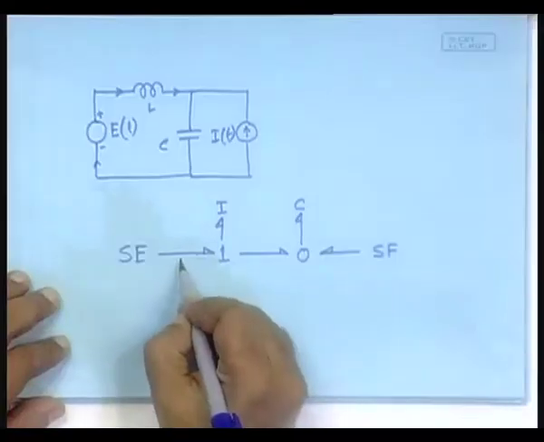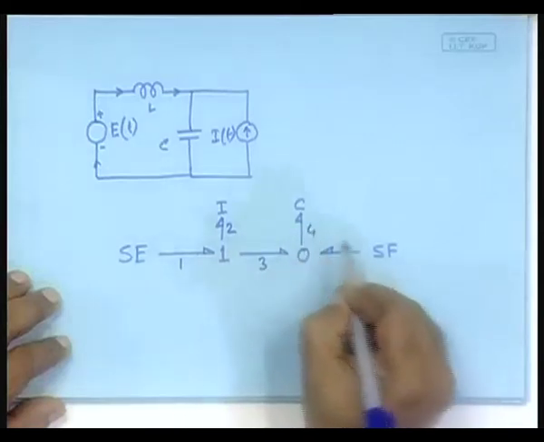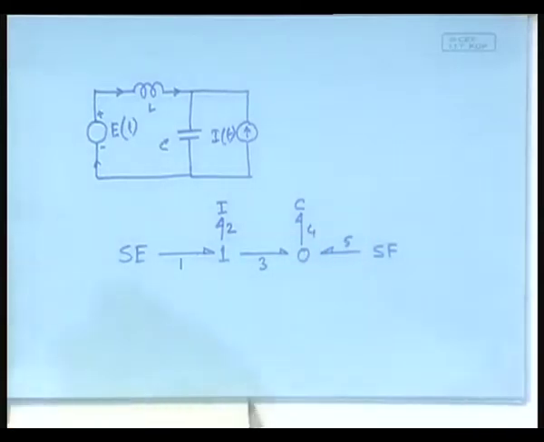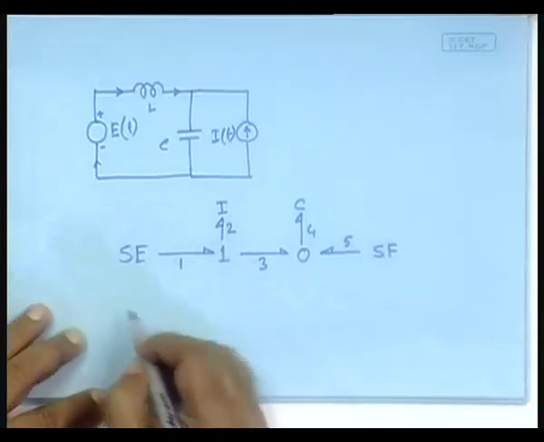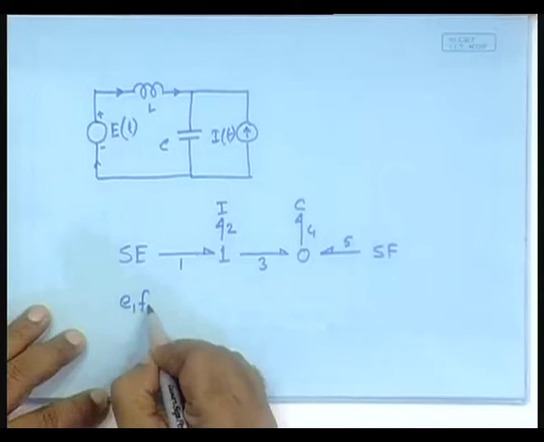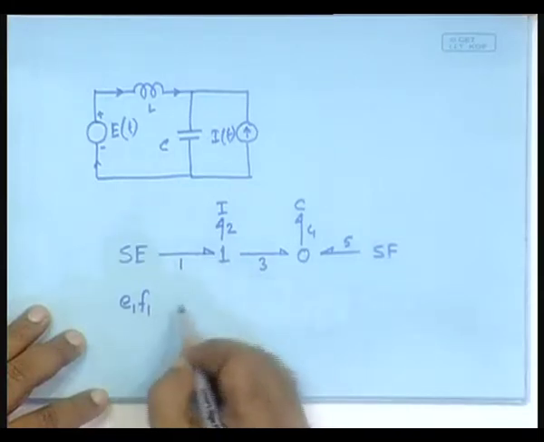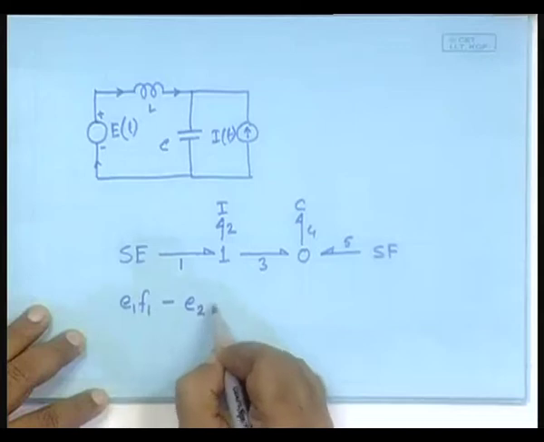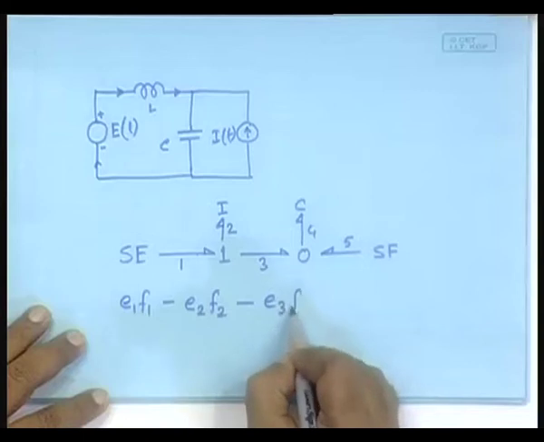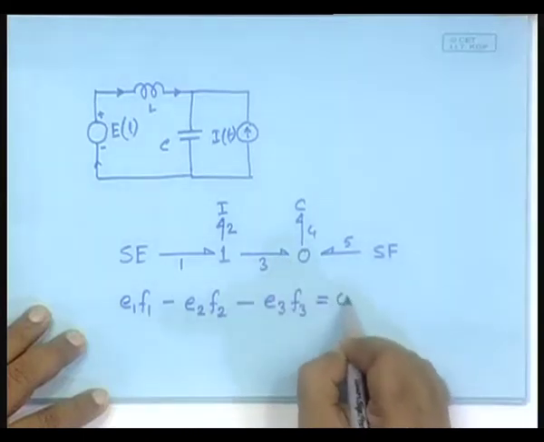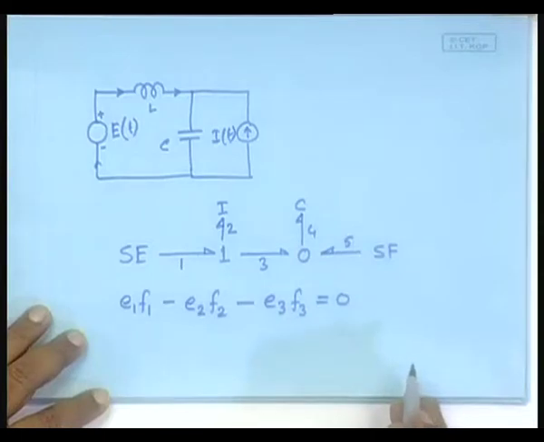Okay. Now once this is done, suppose here we have bonds numbered 1, 2, 3, 4, 5. Notice that in this junction we have the power balance. So E1 F1 going in minus E2 F2 going out minus E3 F3 going out should be equal to 0, right.